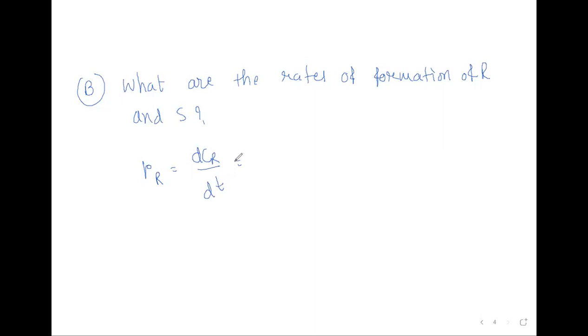So what will be the value? Cr minus Cr0 divided by T minus 0. Can you tell me the value of Cr? 0.05 minus 0.00 divided by 2 minus 0. So the value will be 0.025 mole per liter hour.